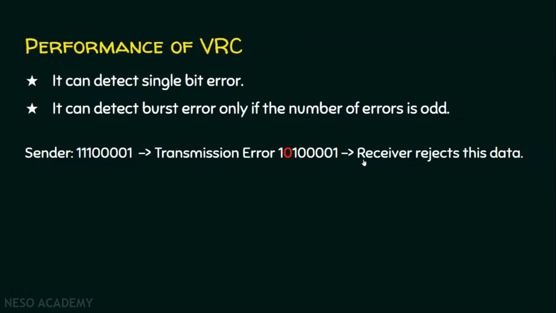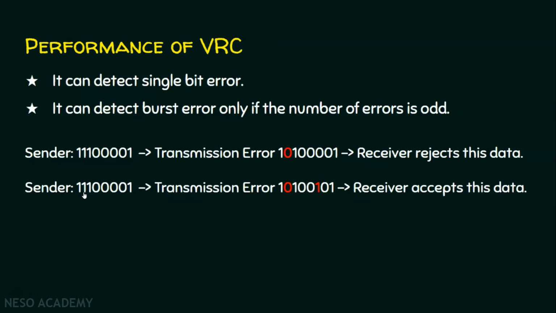What if 2 bits are changed? Let's see that now. The second bit is modified and the 6th bit is also modified. In the data created by the sender, this bit was actually 1, but during transmission it was modified to 0.